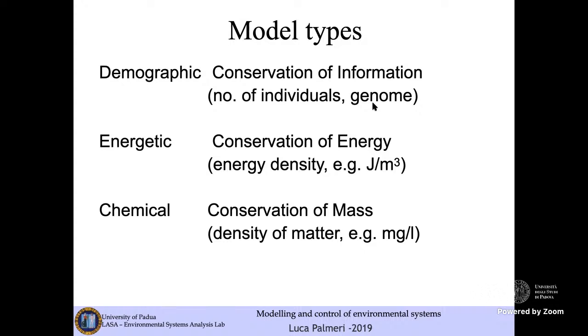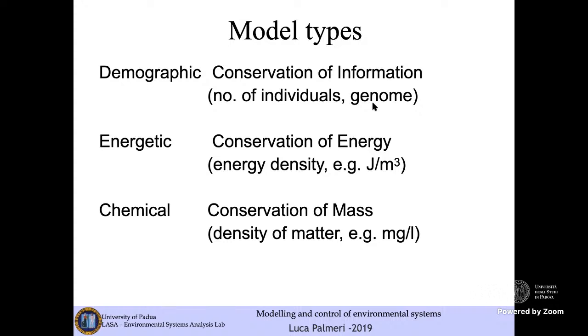Typically, density of matter, you may think, for example, of a CSTR model, continuously stirred tank reactor, in which typically the state variable is that of a density of matter. Or, for example, if in your reactor you're describing a process of growth, primary production growth, then one of the state variables, in this case, may be the density of nutrients that may sustain algae growth.